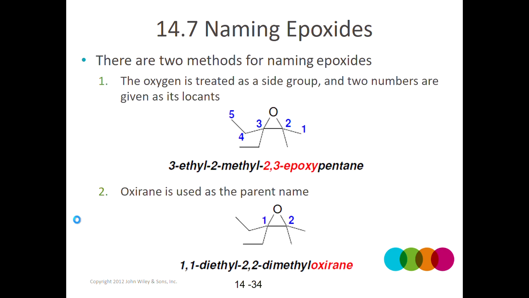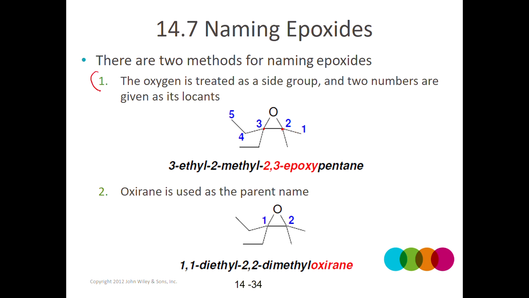So the two naming systems for epoxides, the main difference is in what is treated as the parent chain. Here is an exception to a rule that we said way back last semester. We said, if you're going to include carbons that are part of a ring as your parent chain, you can only include those carbons and not any other carbons outside of that. This is an exception to that.